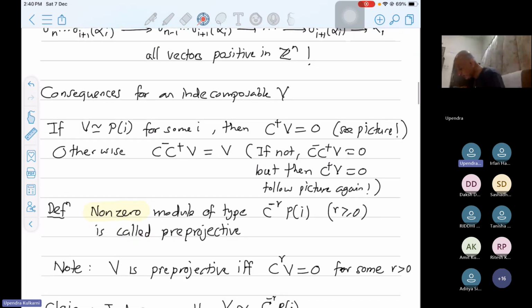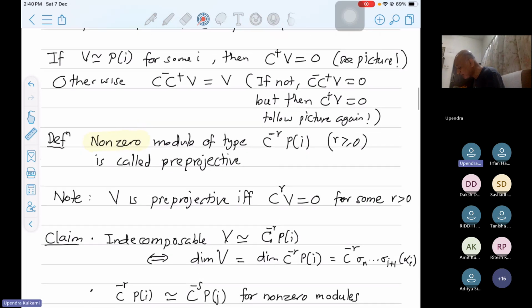And what will I have over here? If V is an injective, then C minus applied to that is 0, and conversely. Okay, so remember that. And likewise, if it is not an injective, then by applying first C minus and then C plus, I will come back.